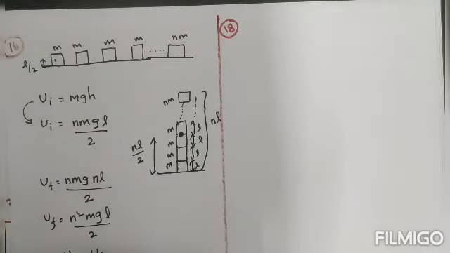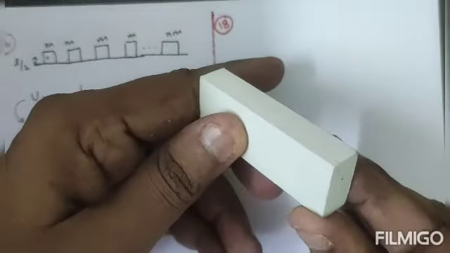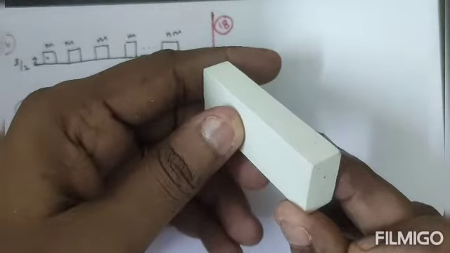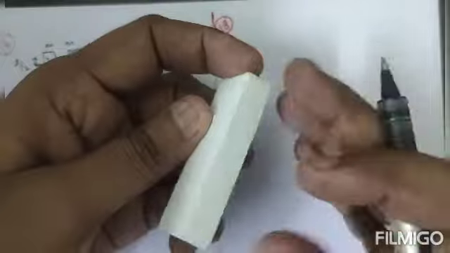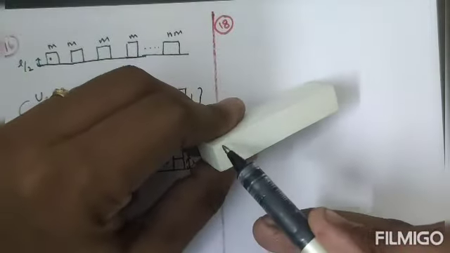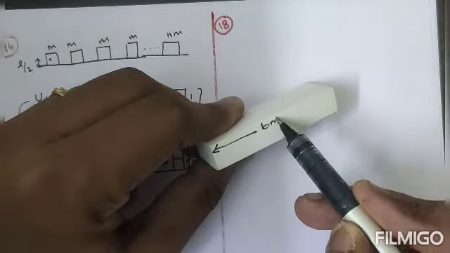See, a rectangular block of dimension... Let us imagine I'll take this rectangular block, 6 meter, 4 meter and 2 meter. This is the largest length, we can write 6 meter.